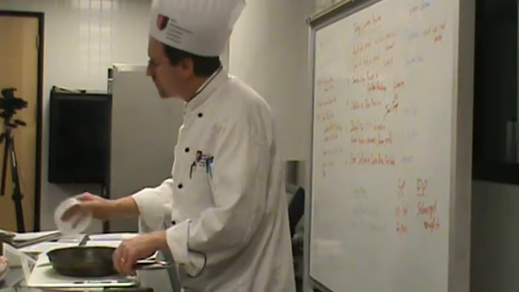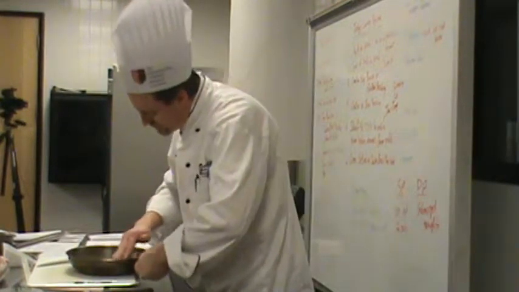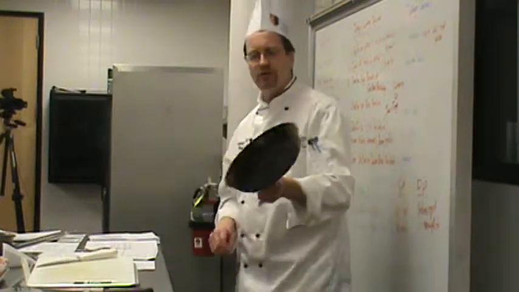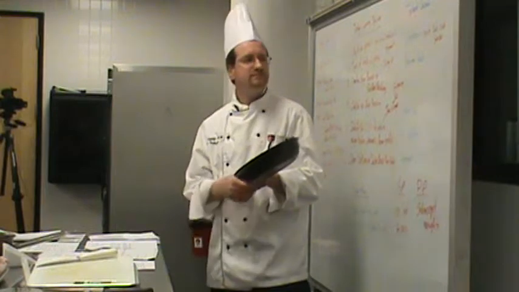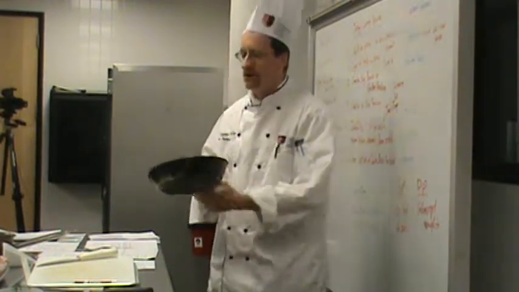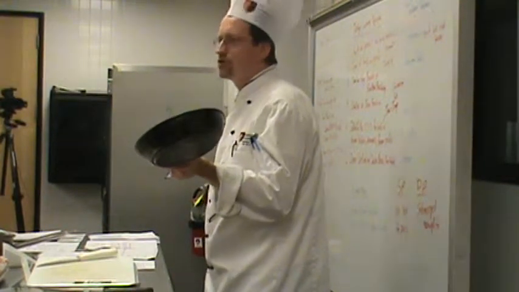Remember, we don't have any heat going on right now. We're going to spread those out over the bottom of the pan. What are we making right here in this pan? What is this called? Let's pick one of these vocabulary words. A natural rack, right? So what's the purpose of putting the chicken on here when we're poaching?